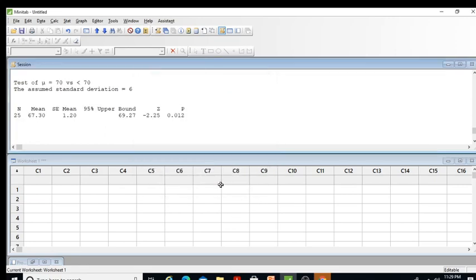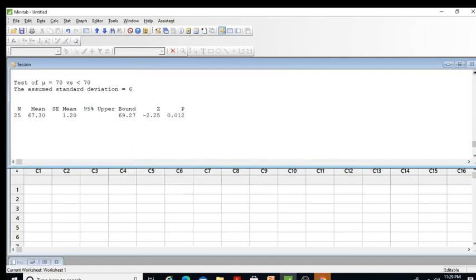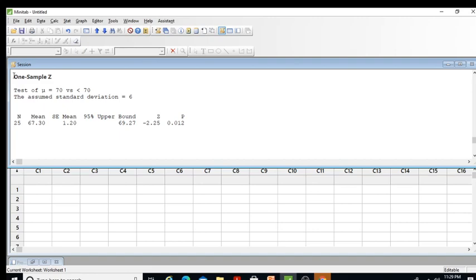By doing that, you come up with this in the session window. If you look at this session window, this is a one-sample Z test, and test of mean mu is 70, which is your hypothesized value, and the alternative hypothesis is that mu is less than 70.